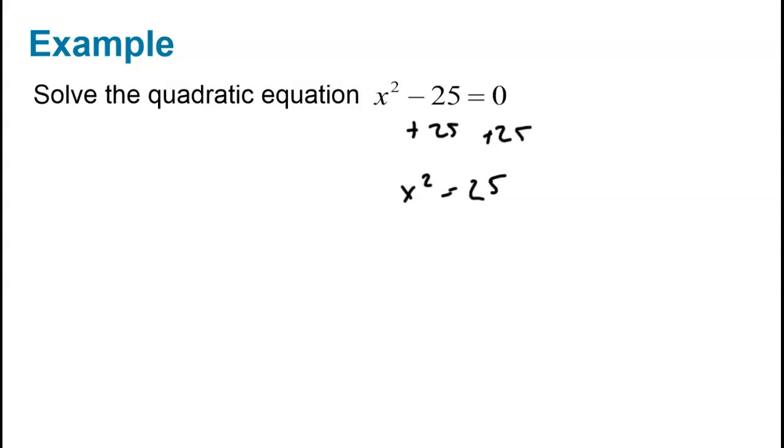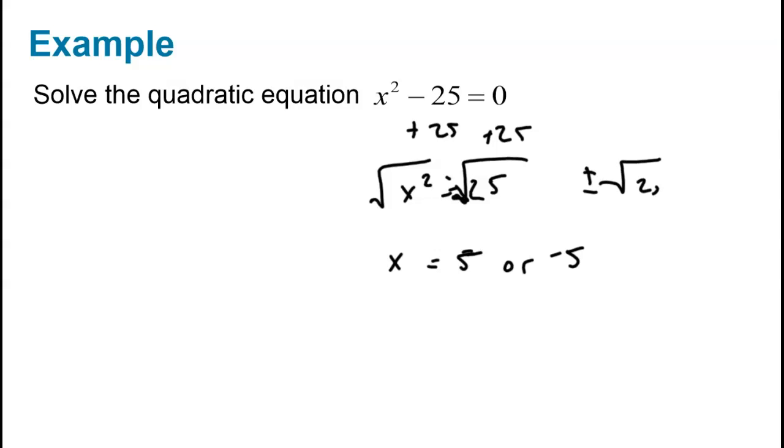To solve this for x, you just take the square root of both sides, and you end up with x equals 5 or -5. Another way to write this is x equals the positive or negative square root of 25, because remember, 5 times 5 is 25, and -5 times -5 is 25. So in this case, x equals 5 or -5. Make sure that you always solve for the positive and the negative.